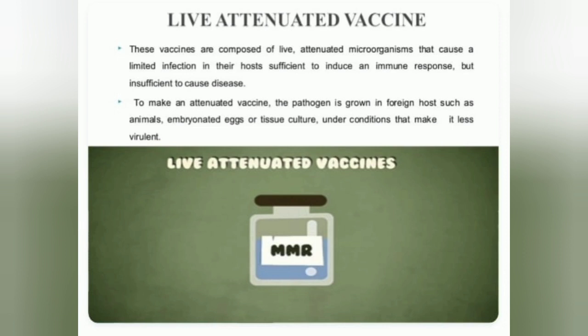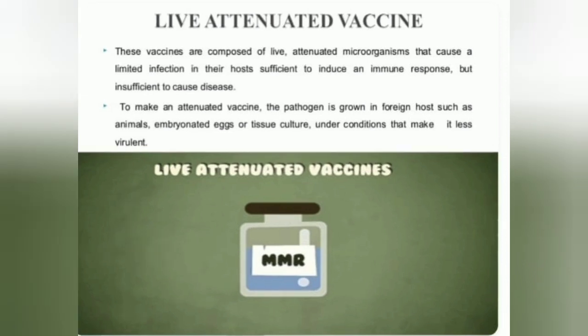To make an attenuated vaccine, the pathogen is grown in foreign hosts such as animals, embryonated eggs, or tissue culture under conditions that make it less virulent. The example of a live vaccine is MMR.